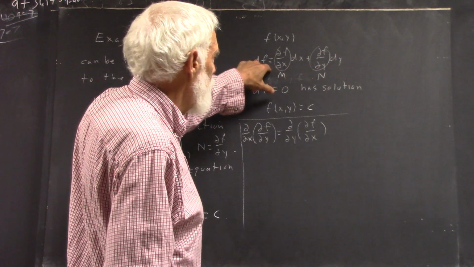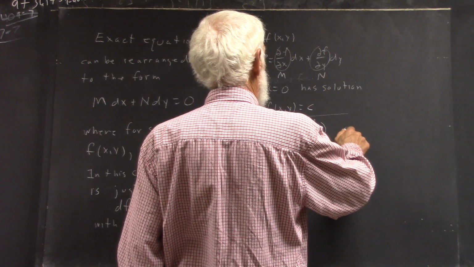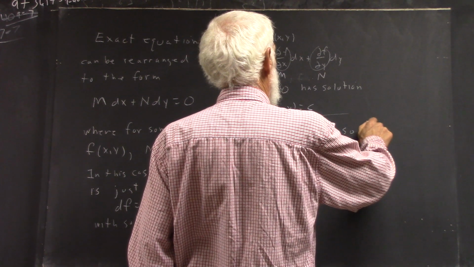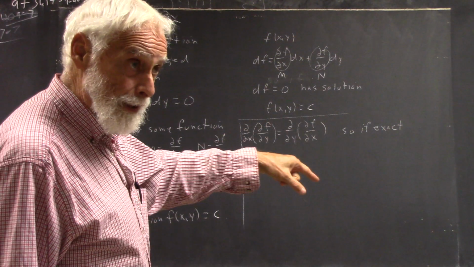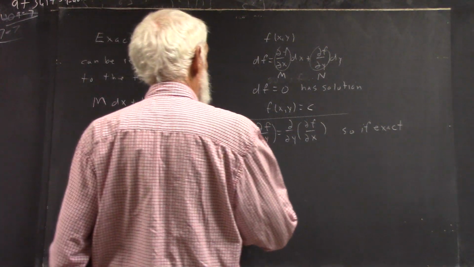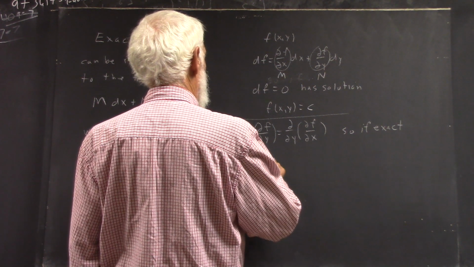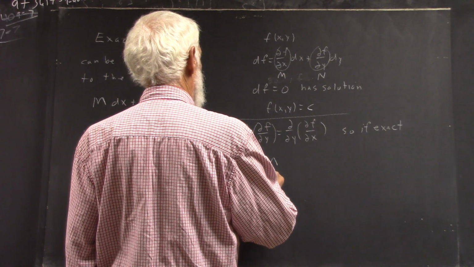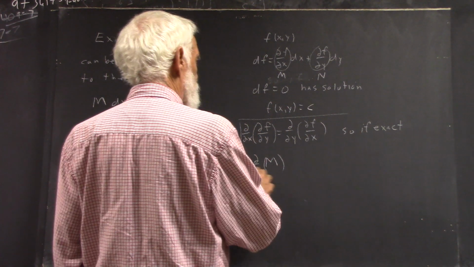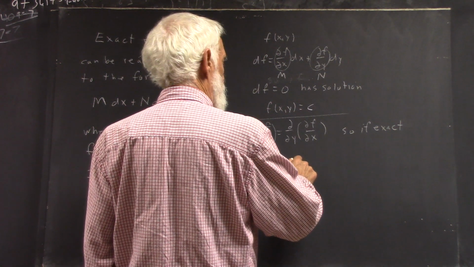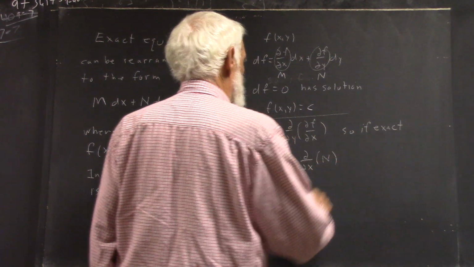if m is the partial of f with respect to x, our test to see whether the equation is exact is that the partial with respect to y of the m function has to equal the partial with respect to x of the n function.